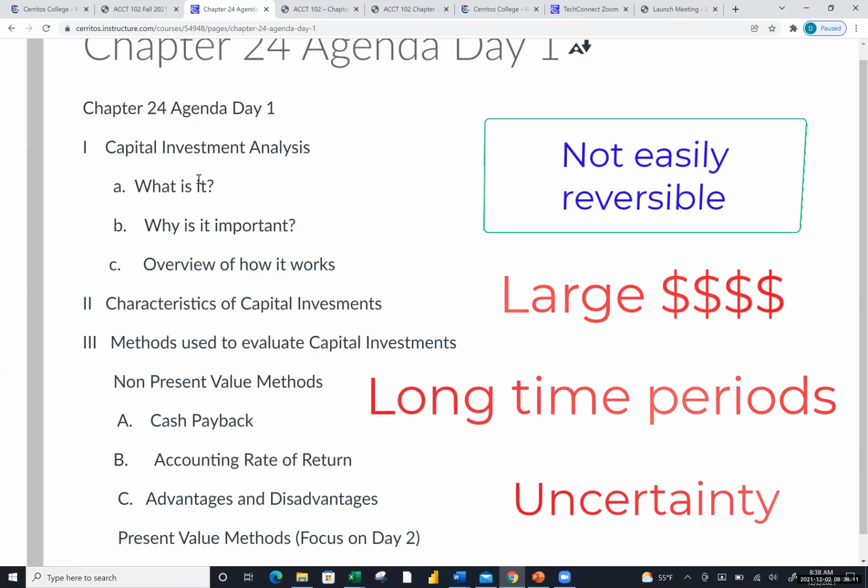But the things that I'm talking about usually involve things like corporate expansions, buying a piece of very large equipment that you hope will benefit your business for a long period of time, possibly expanding internationally. I've done an investment analysis for a corporation that was considering expanding to Mexico.